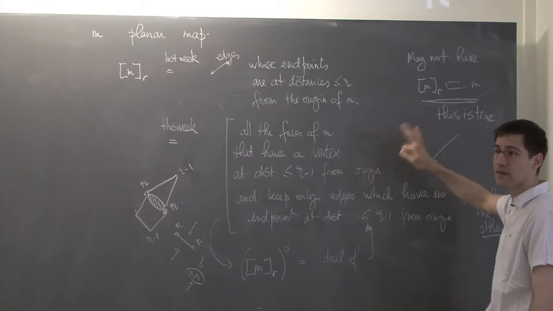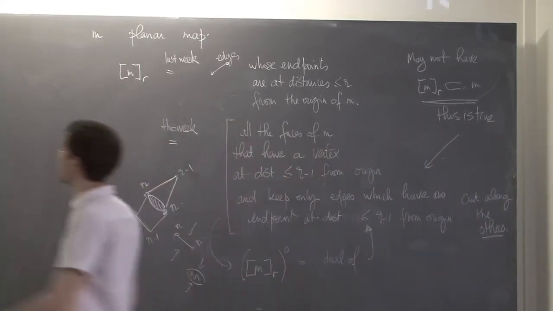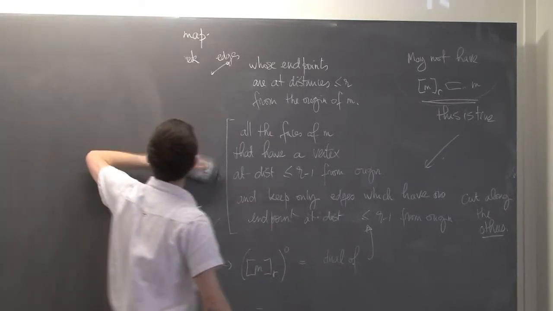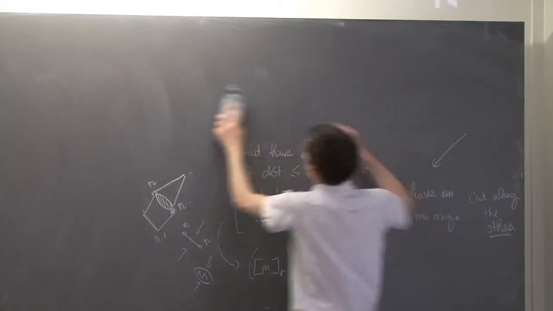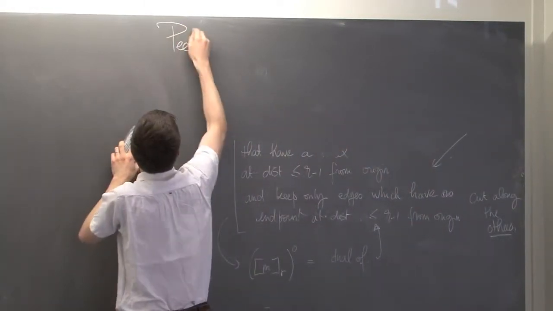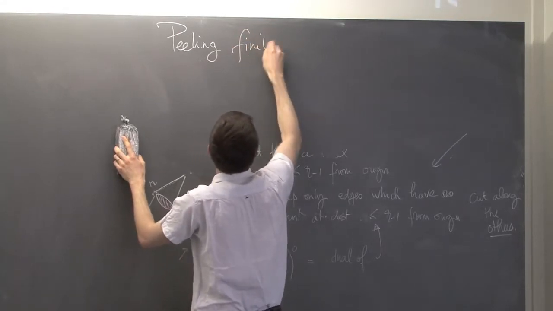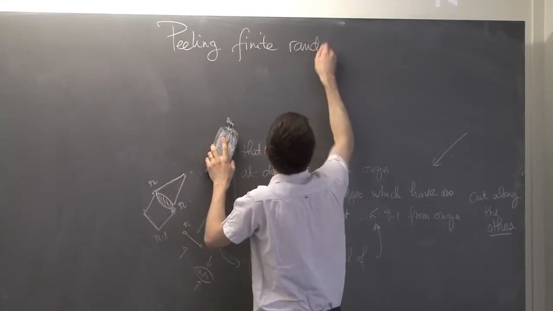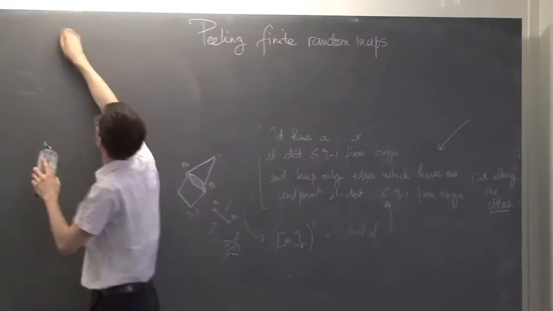Give examples of maps, and take the ball of radius R to see what's happening. Okay, so pinning process. Pinning finite random maps. So it's chapter 3.